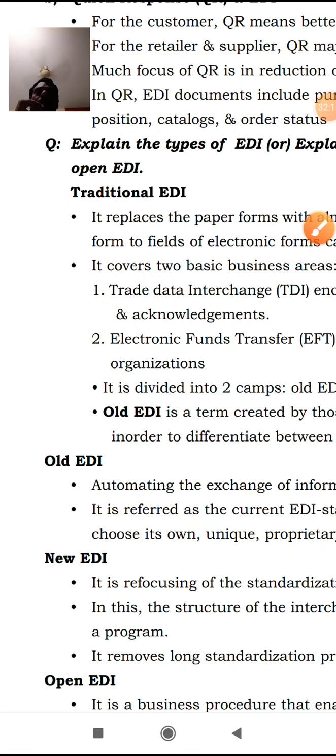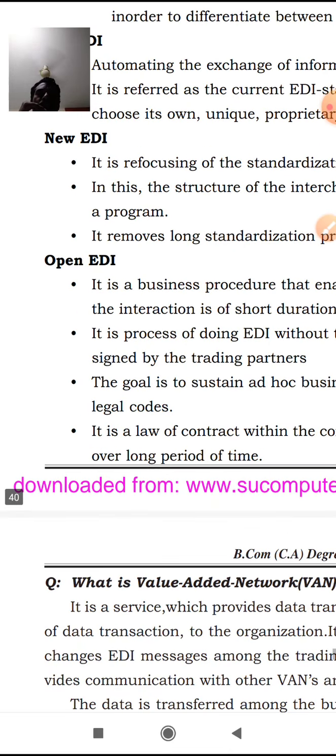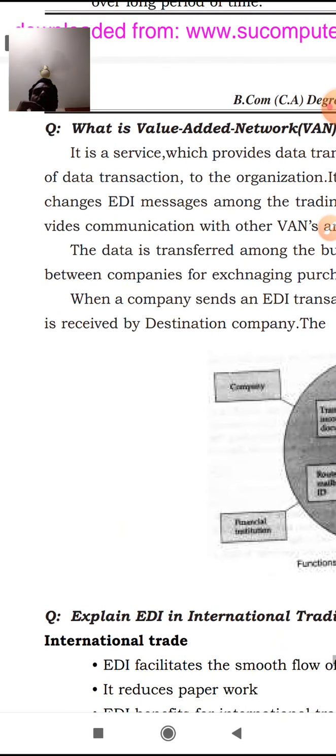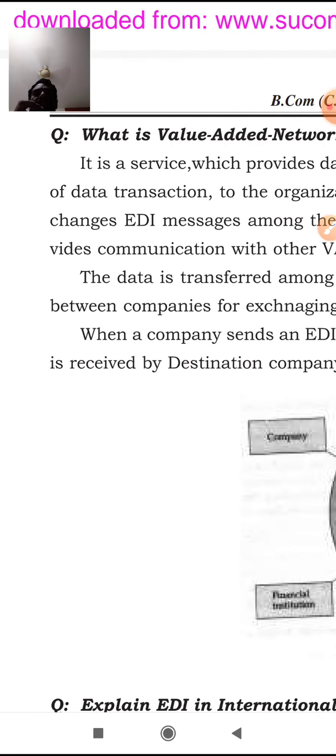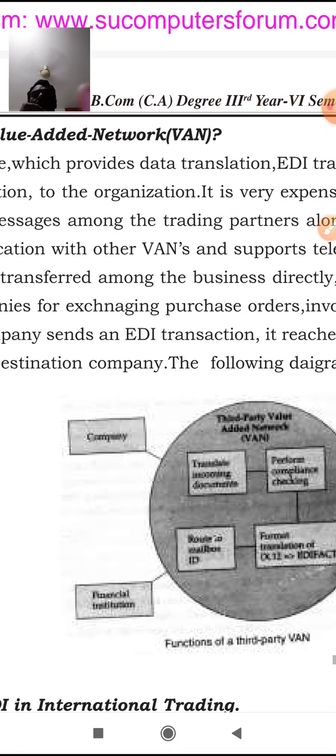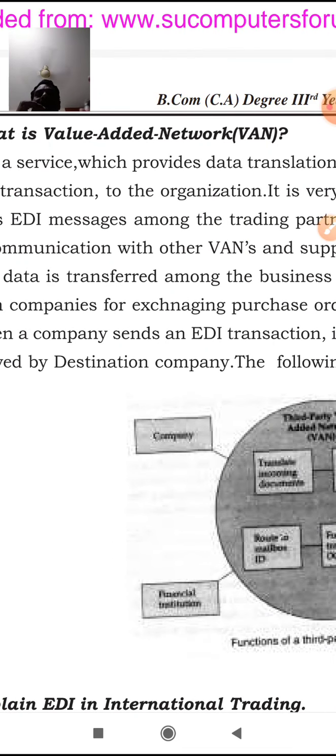After completion of this topic, one more topic is there in today's class, that is VAN. The abbreviation of VAN is value added network. VAN stands for value added network.